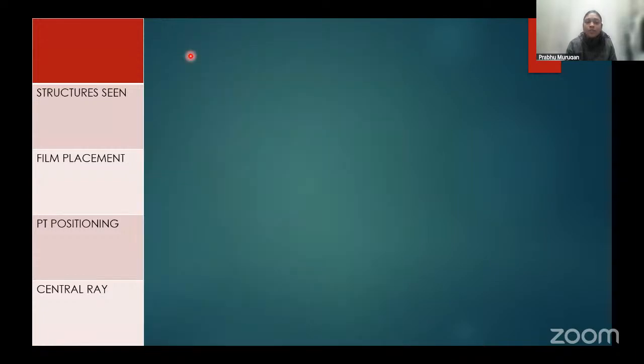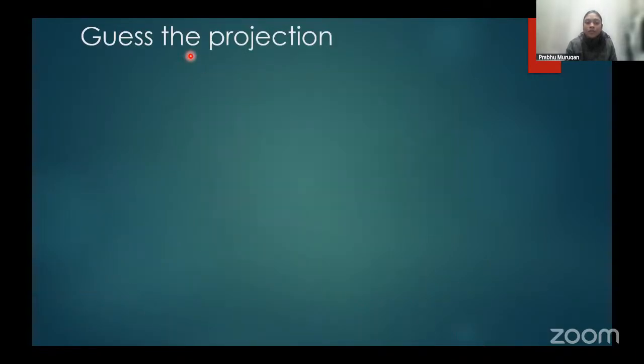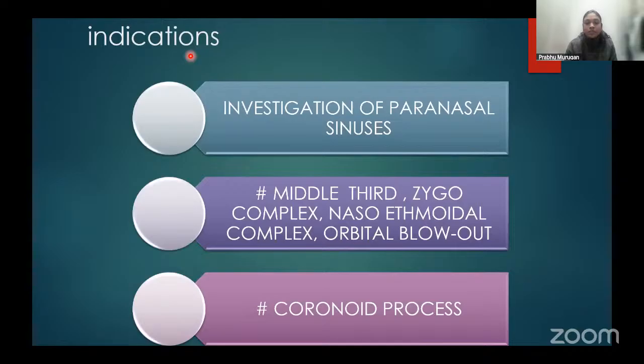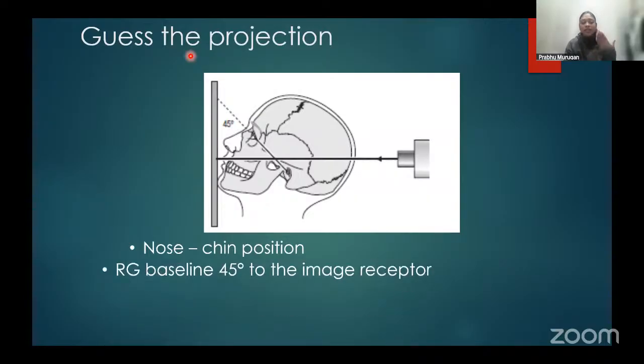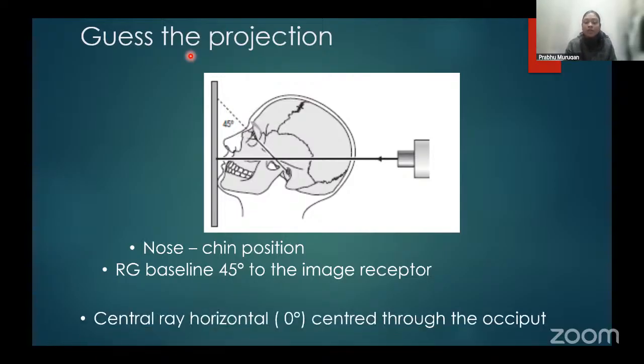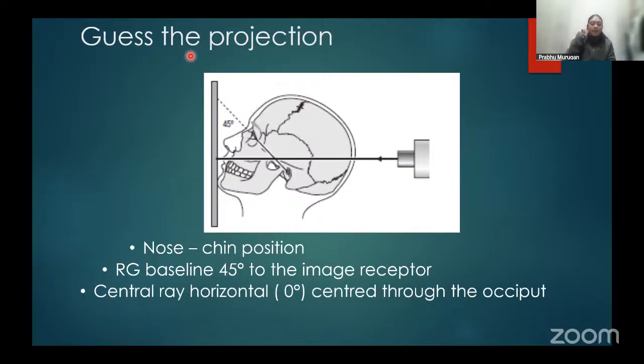The standard occipitomental projection is for investigation of paranasal sinuses and fracture of the coronoid process, and the interference of the other bony landmarks should not be there. That is why we ask the patient to position in a nose chin position with the radiographic baseline 45 degrees to the central view of the X-ray film. The central X-ray will be passing at 0 degrees through the occiput.